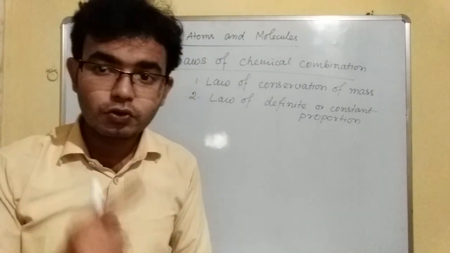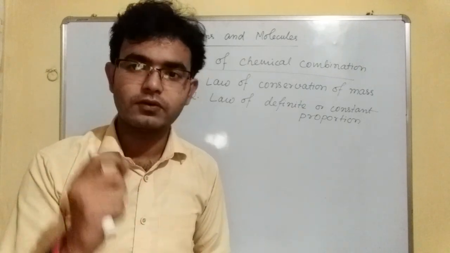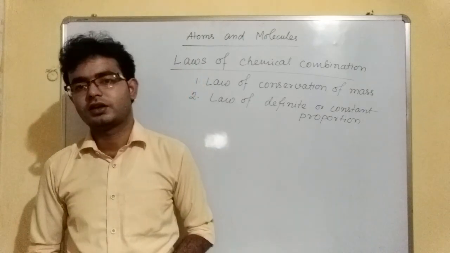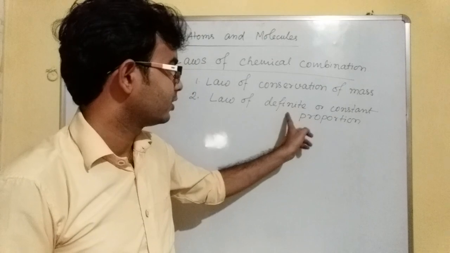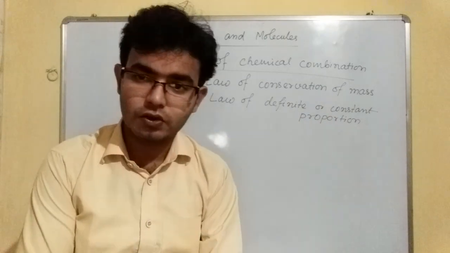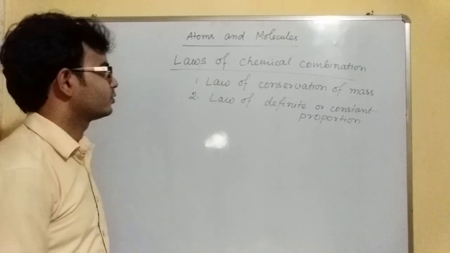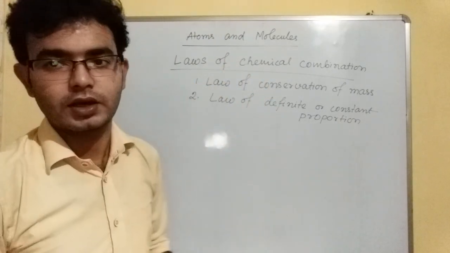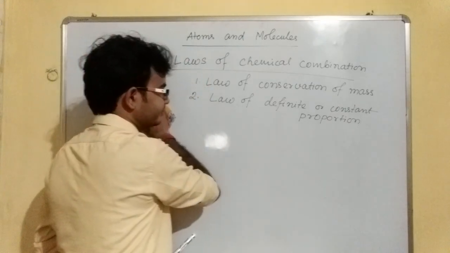So we learn there are two laws of chemical combination. Number one, law of conservation of mass. Number two, law of definite proportion and constant proportion. Okay. So in today's class we will discuss the law of conservation of mass. Okay, let's move ahead.